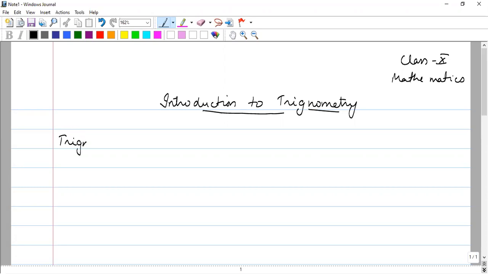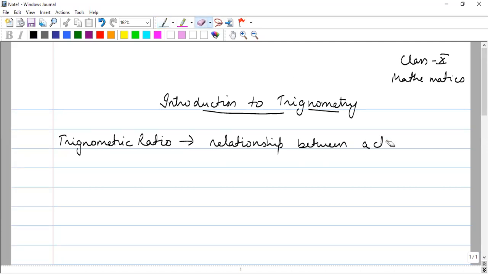What is a trigonometric ratio? A trigonometric ratio is a relationship between an acute angle and the sides of a right angled triangle.